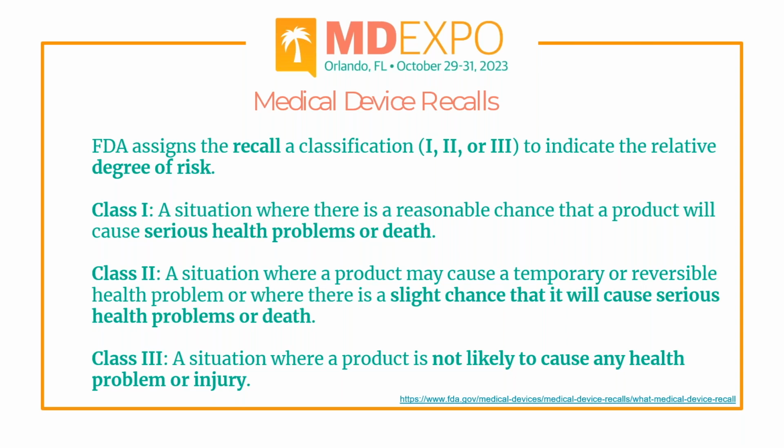Class I is a serious health problem or death, Class II is a slight chance of causing serious problems or death, and Class III is the lowest, not likely to cause a health problem. All the details are spelled out on this fda.gov website.